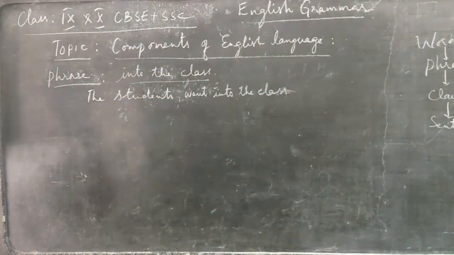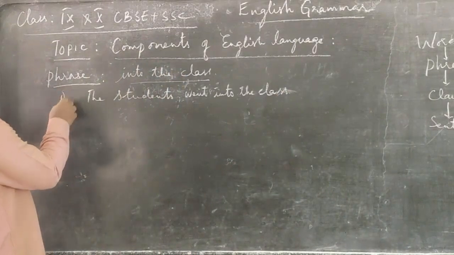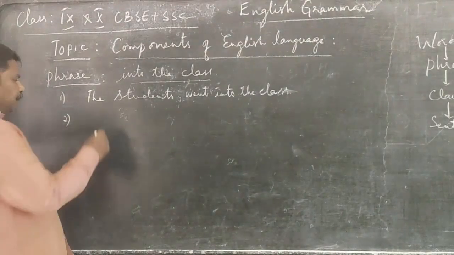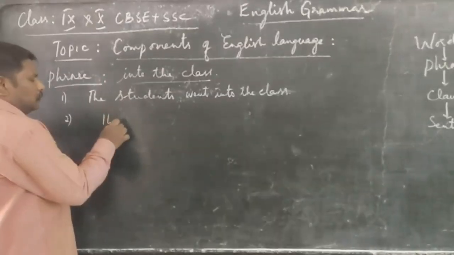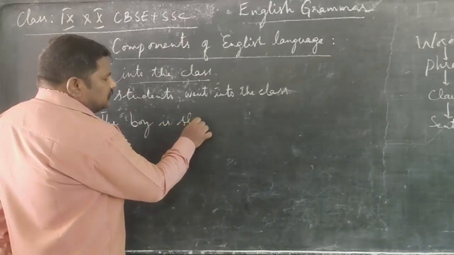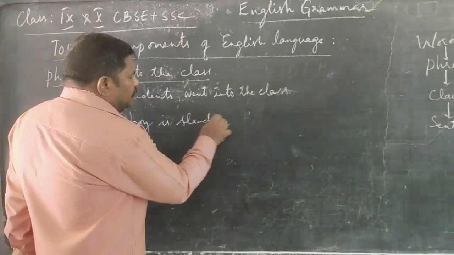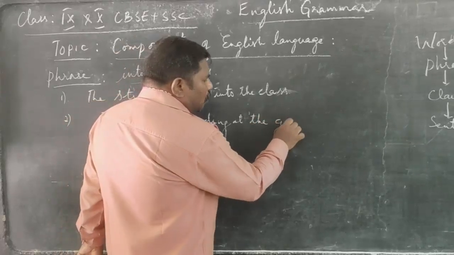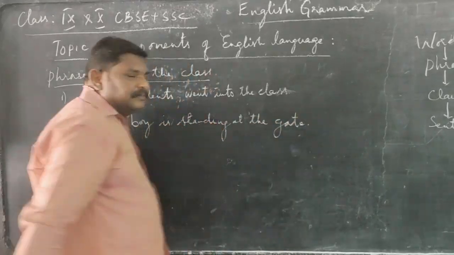This is an example. And if you take a second sentence: the boy is standing at the gate. The boy is standing at the gate.